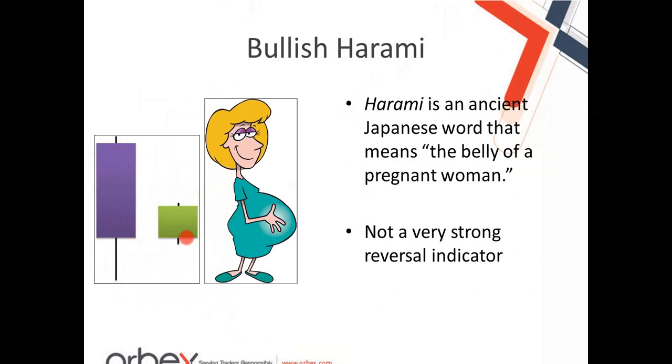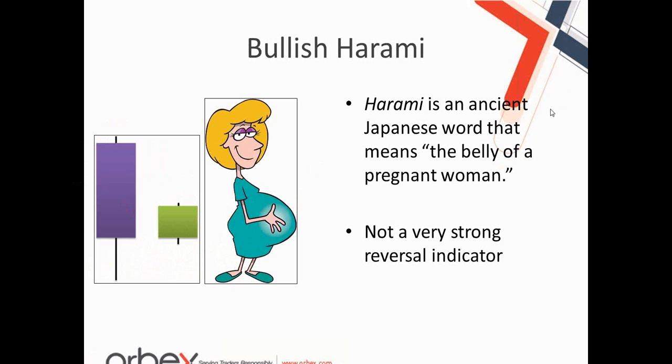They see a bearish candle and then they see that the market is moving up, so they think that the prices are changing. But the best scenario for using a Bullish Harami is definitely to have other chart patterns there to support your identification, because by itself it's not a very strong reversal indicator, although it is very easy to remember because it does look like a pregnant woman: you see the long bearish body and the baby in the belly, so the Bullish Harami.